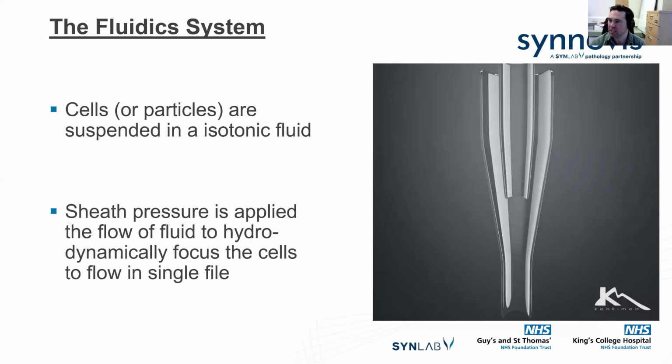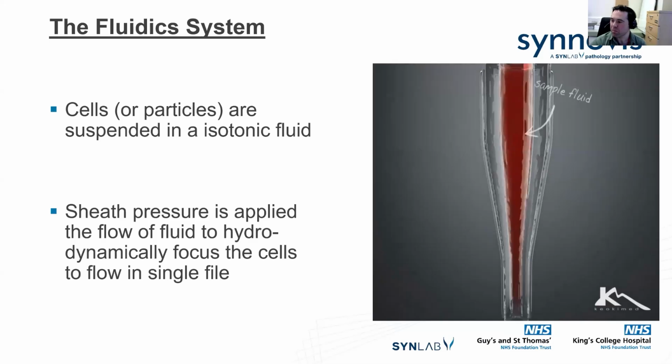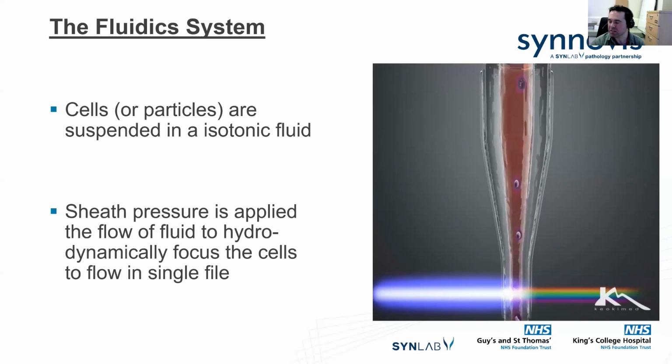And this is just a little animation. Hopefully it works. Yeah. So now your sample should come through, and then we shine a laser at it. Cells come through, and you can see that the light is scattered.